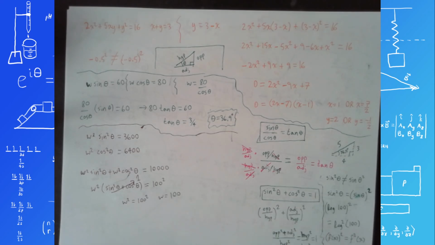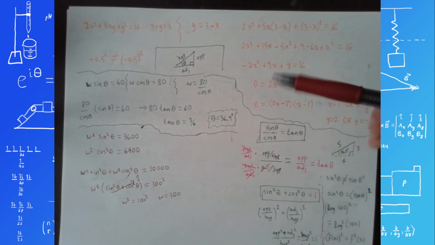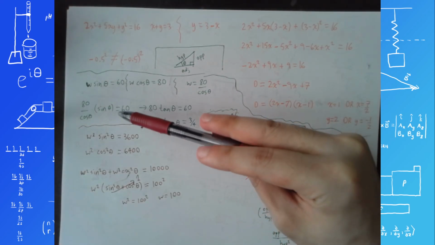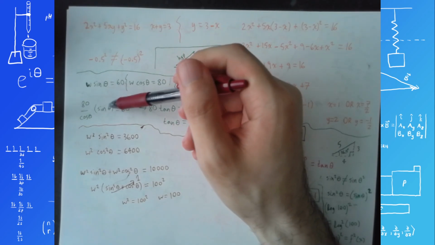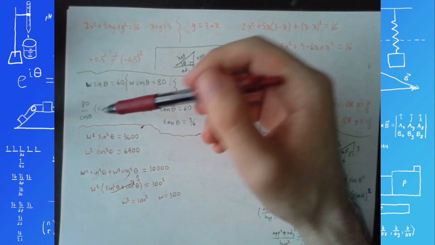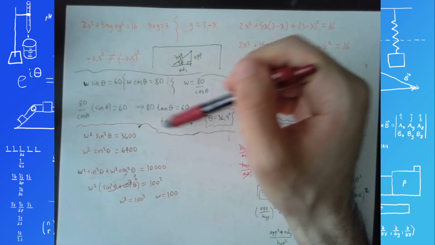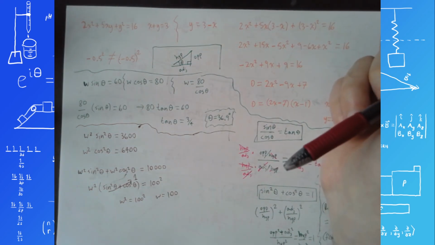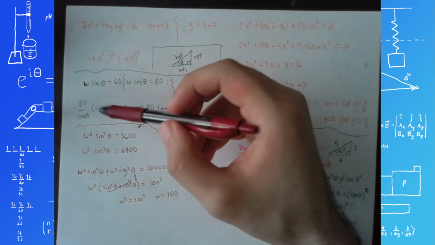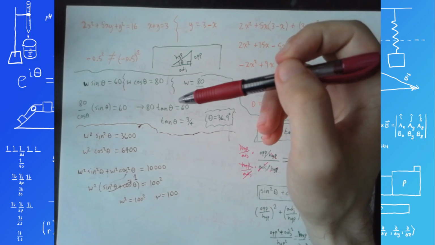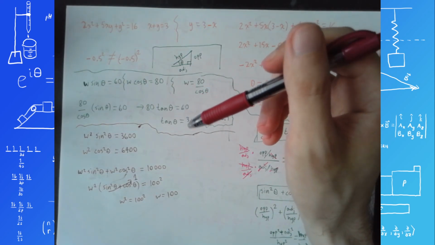I'm trying to remember what I said last time about this. I think I remember at some point I said something about how, when we were doing sine theta over cosine theta, if you're trying to solve for a theta that's inside a bunch of trig functions, then what you want to do is try and simplify your trig functions and combine them into just one type of trig function.